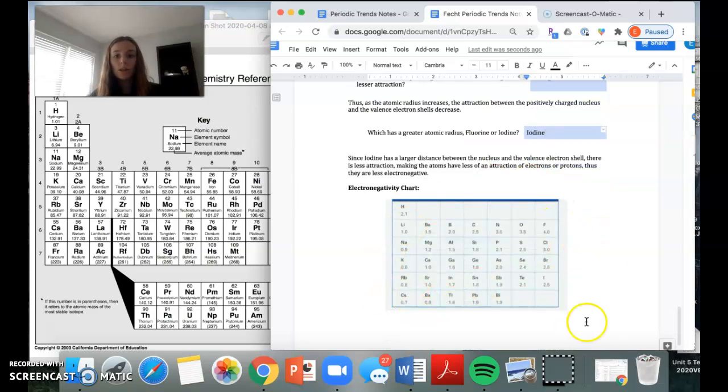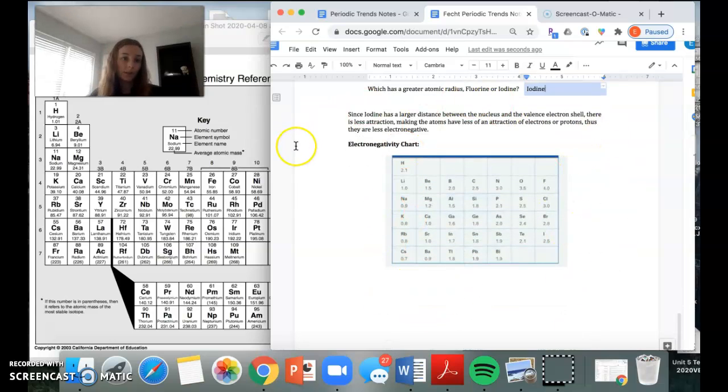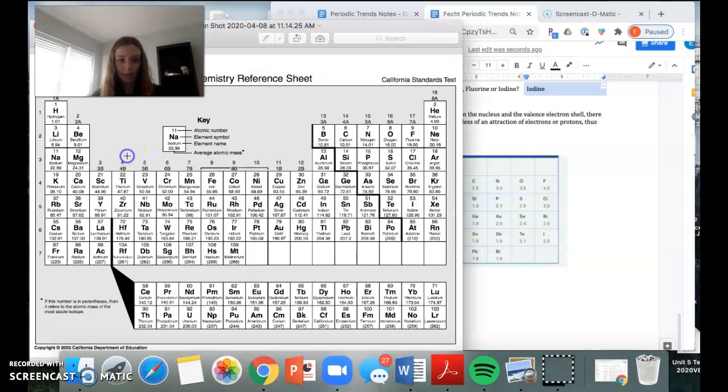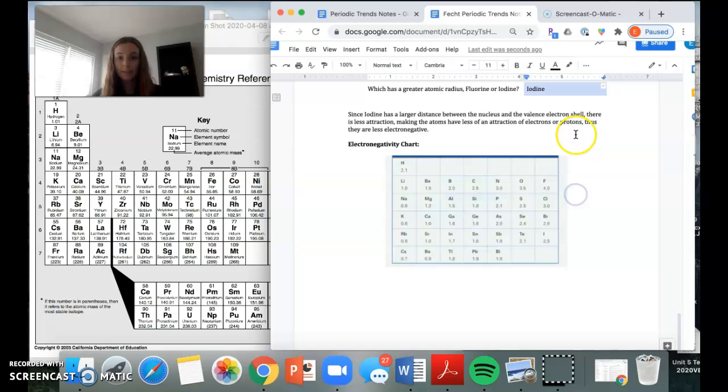And you also oftentimes can find an electronegativity chart. Later in the year, we'll talk about calculating the electronegativities between two atoms. And we can see these values. This would never be something that you would have to memorize, but it kind of looks like the periodic table of elements.